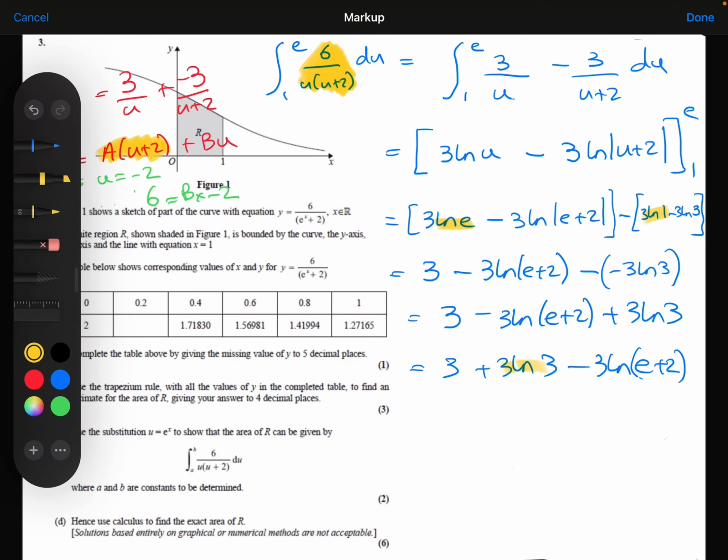I've got one logarithm subtract another one, where they've both got a coefficient of 3. So because of that, I can use the division law. I can write it as 3 ln 3 over e plus 2. And yeah, I think that's probably as simple as I could write that.